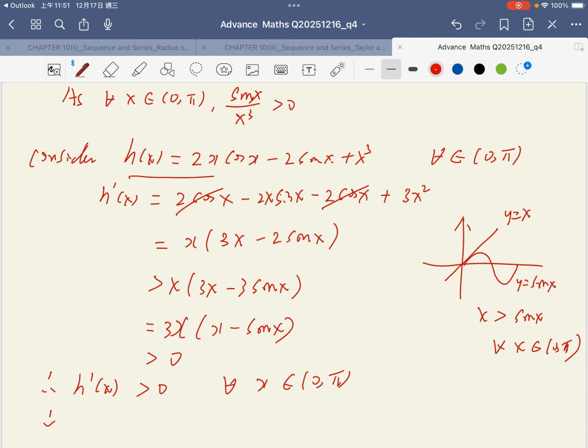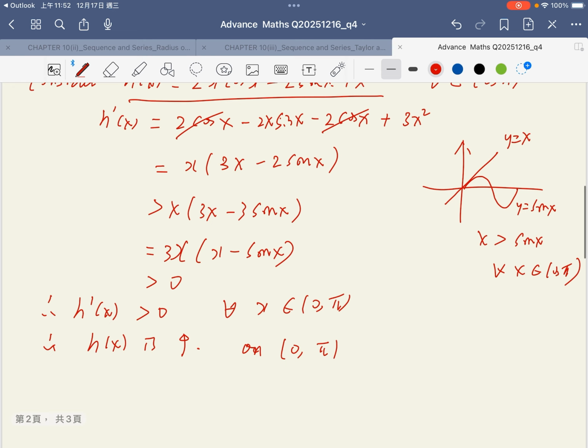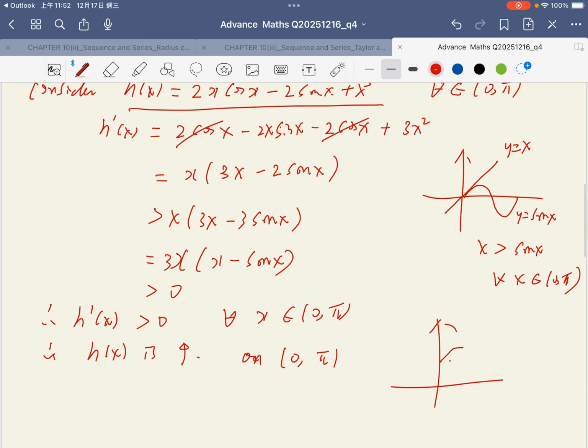That is, this h is an increasing function on the domain 0 to pi. And it means that the function h is increasing.